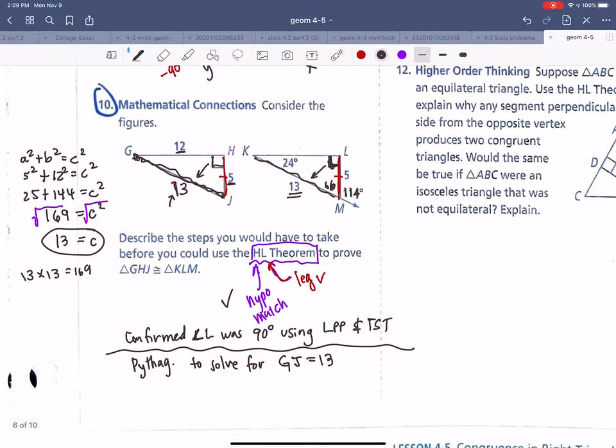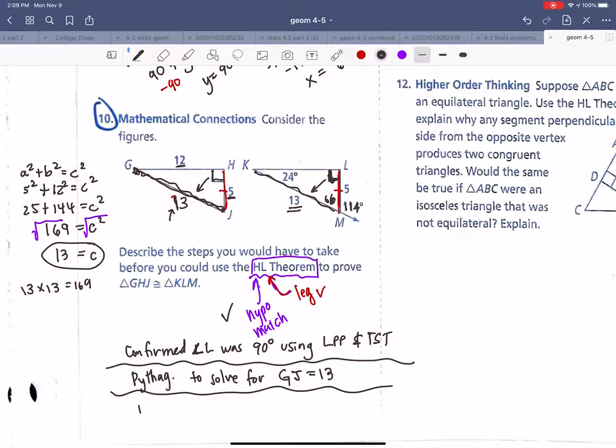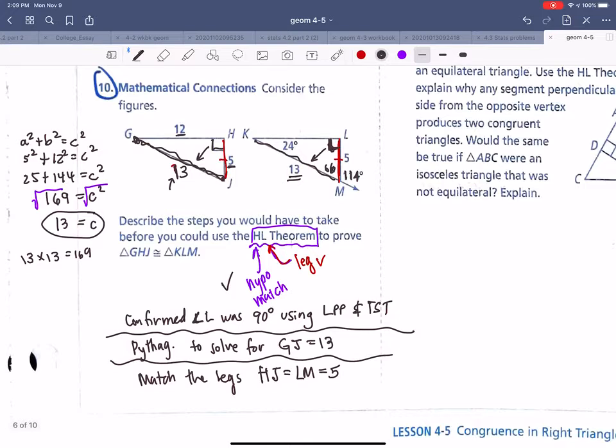And then essentially I got HL, match the sides. I matched the legs. HJ does equal LM, they both equal 5. And I matched the hypotenuses. GJ is equal to KM because they're both equal to 13. So that spells HL.